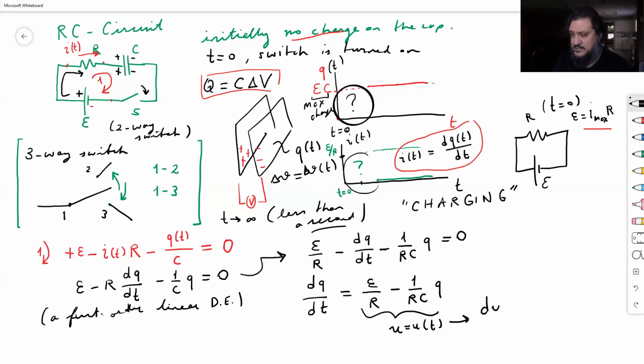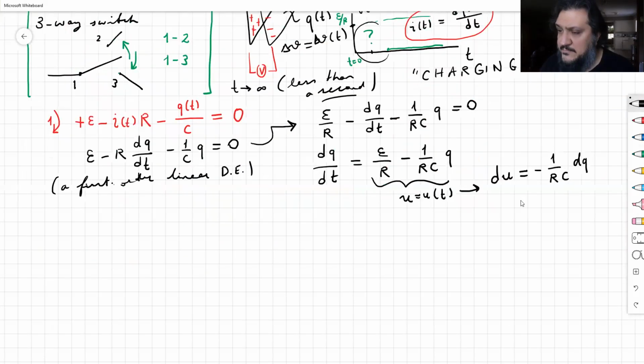If I differentiate U, then E over R is just a constant, 0 contribution, but negative 1 over RC dq. That's what I get. So I can now rewrite my differential equation.